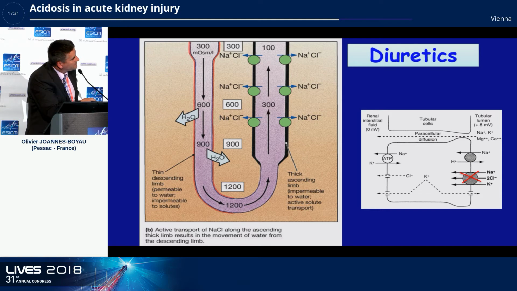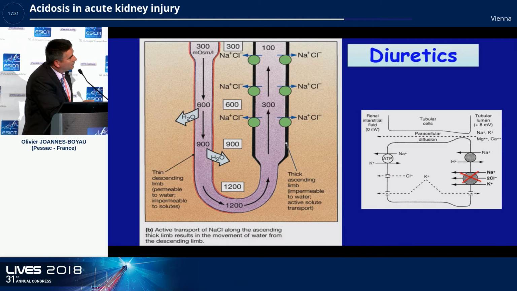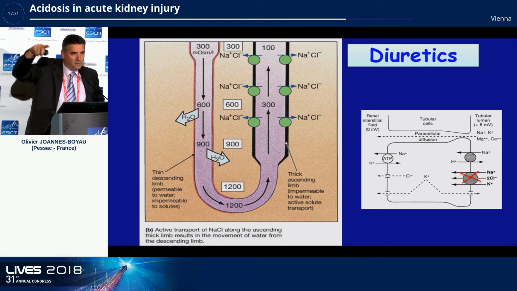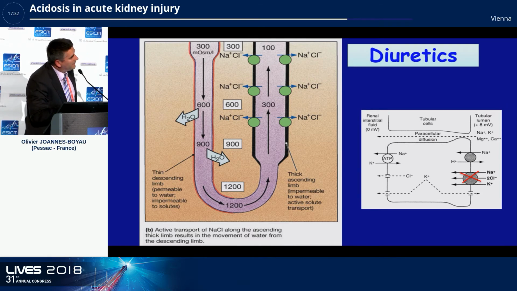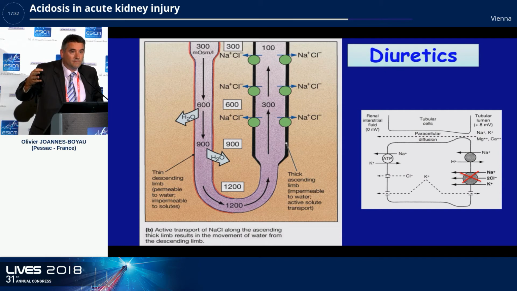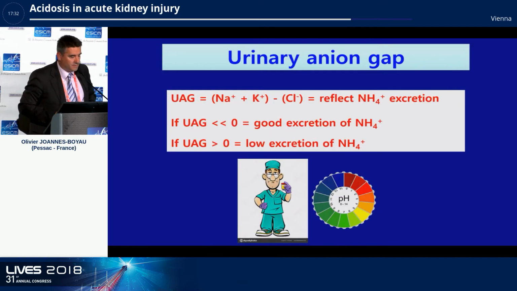And if you block this pump, you will not reabsorb 1 sodium, 2 chloride, and 1 potassium. And if you understand Stewart, you know that 2 chloride for 1 sodium, and you are able to reabsorb sodium in other parts of the kidney, and it's very difficult for the chloride. And at the end, you will lose chloride, and you will face metabolic alkalosis. It's the inverse of the acidosis.